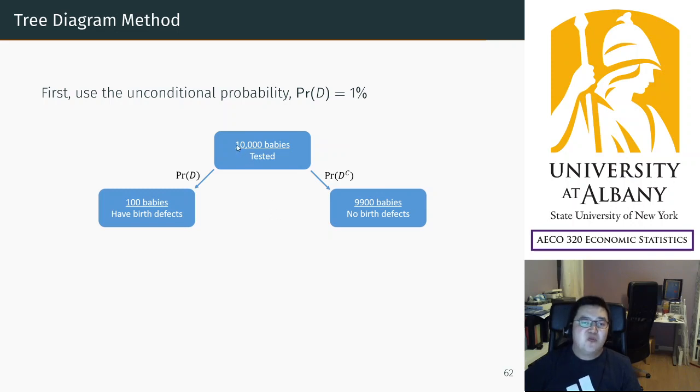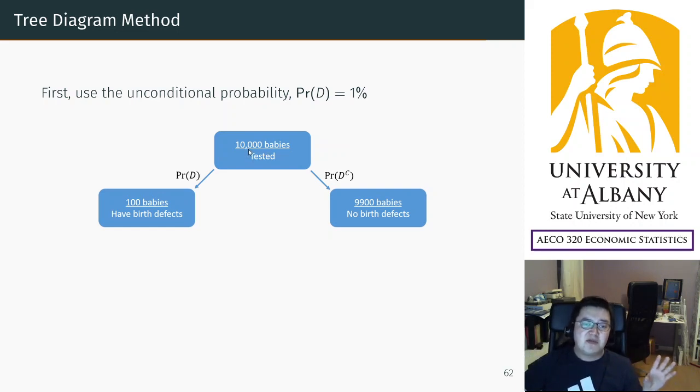Okay, so we assumed 10,000 babies. We tested 10,000 babies. And at the first step, we have to use unconditional probability because there is no condition, just 10,000 random babies. We have no information yet.